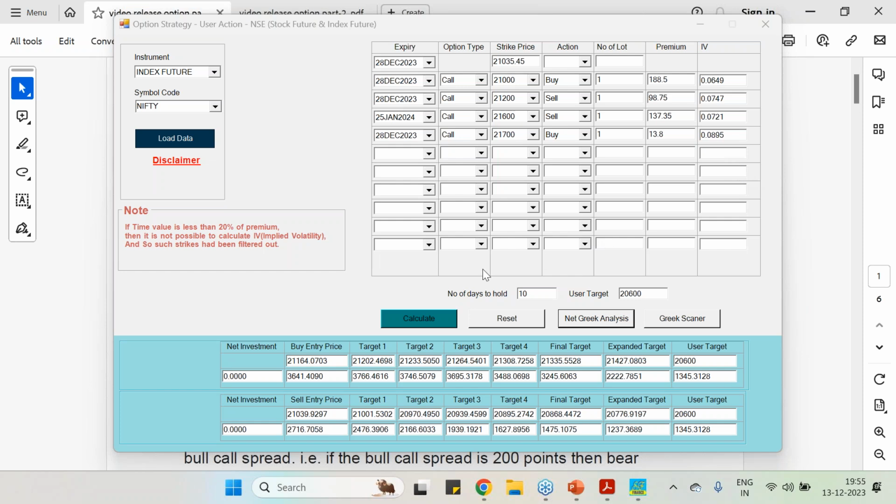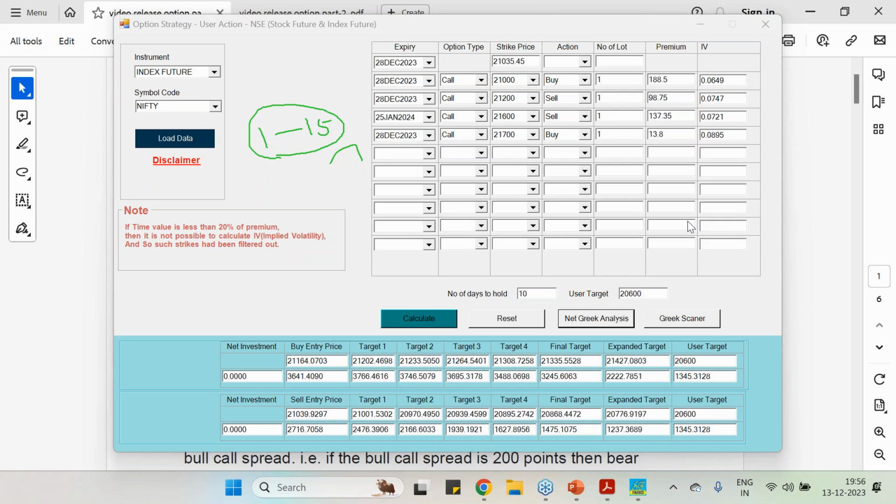Can we apply it in weekly options? First to 15th. After the 15th it should not be allowed. If you are doing it after the 15th, you should go for January, February. So 15 days time is also required.